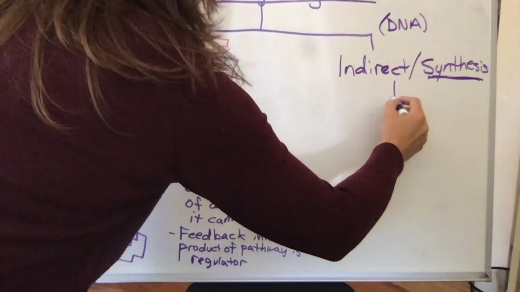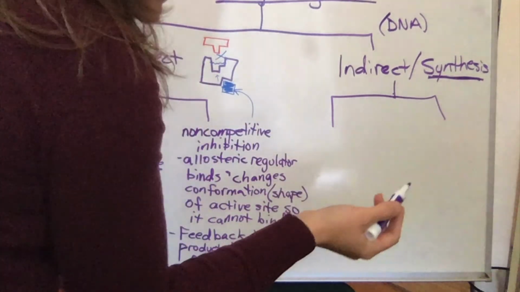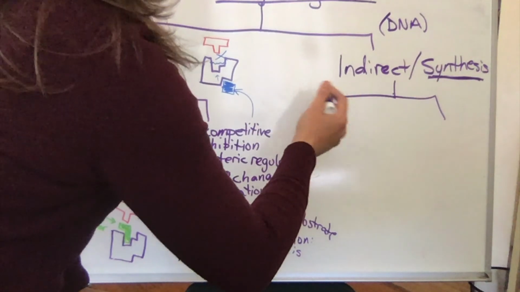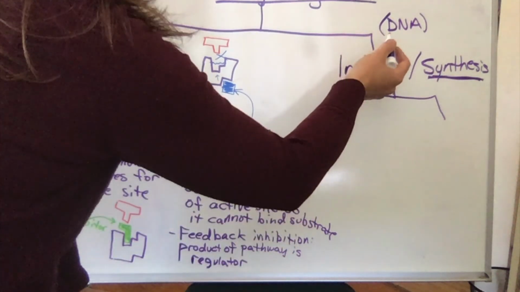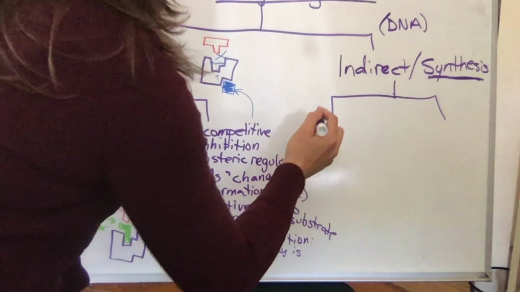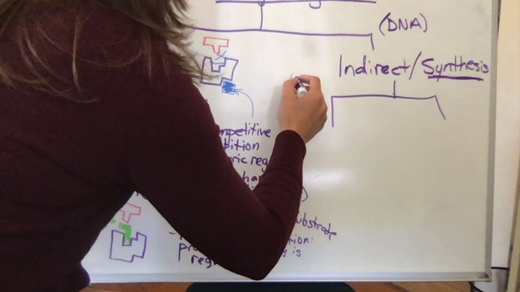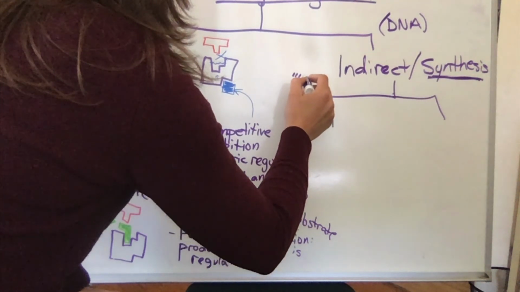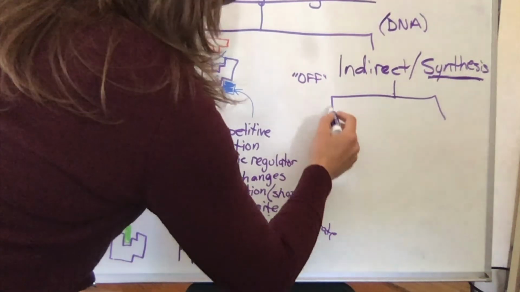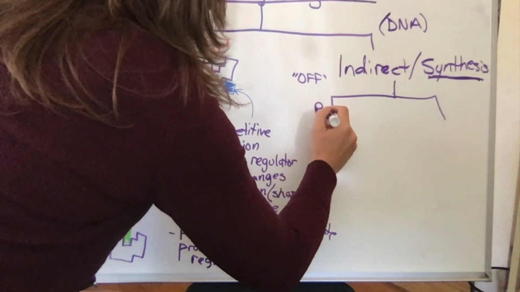Now from here, there are two ways that you can consider this. That would be either turning on or turning off enzyme expression, right? And remember, expression means from DNA to mRNA to protein, so transcription and translation. So you can have an enzyme that's always turned on, and then these guys can be turned off, right? To turn an enzyme off, that means you are repressing them.